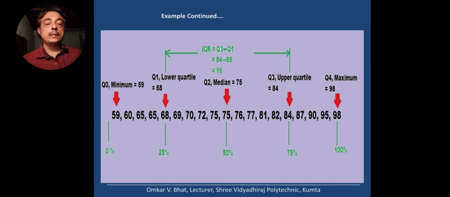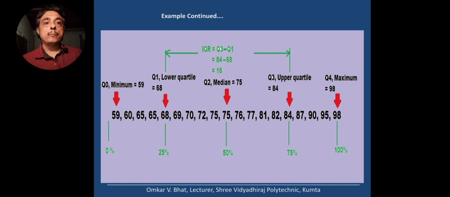Then median is calculated. What is median? Median is middle data. So in this example, median is 75 because 75 is middle data here. You can see that in that picture. So Q2 median is 75.